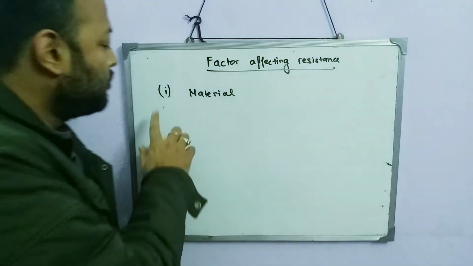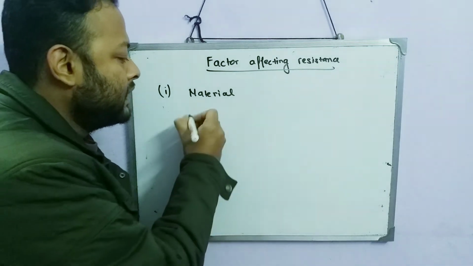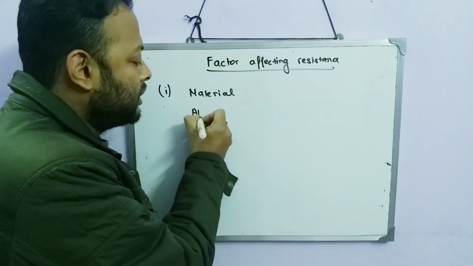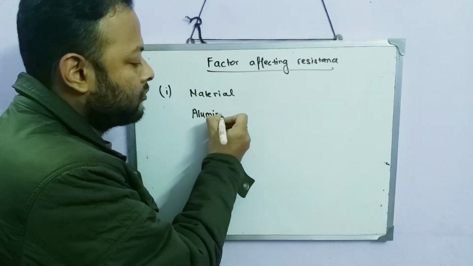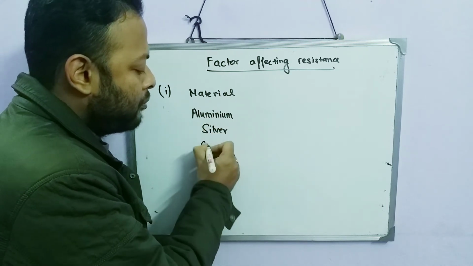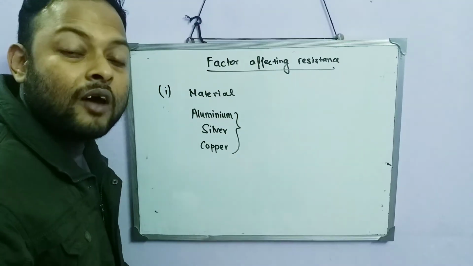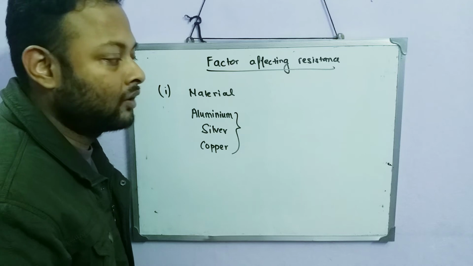Now if we talk about material, substances like aluminium, silver, copper, if you consider these 3, they have more number of free electrons.